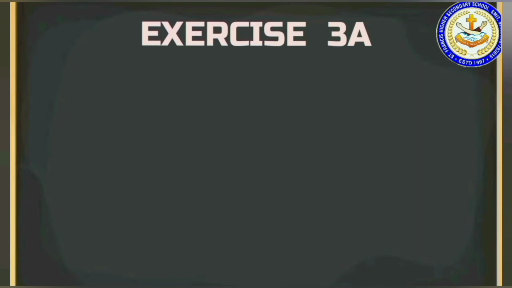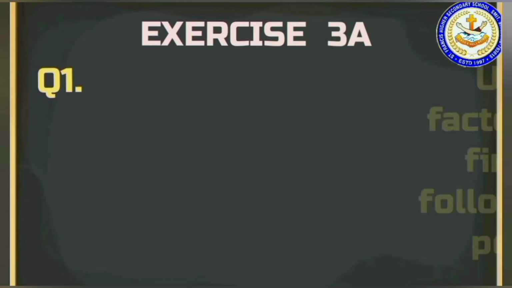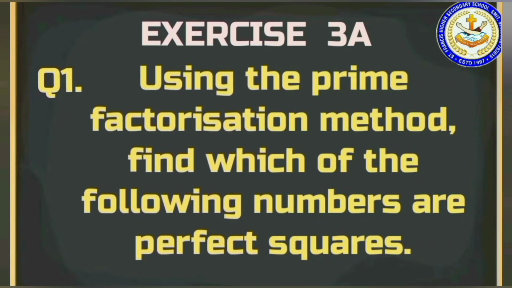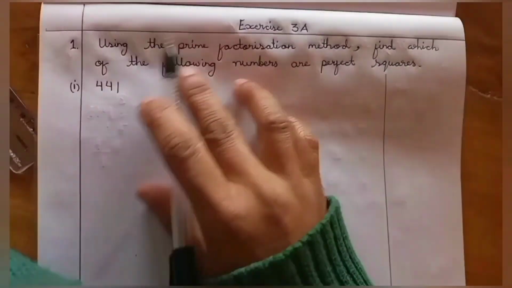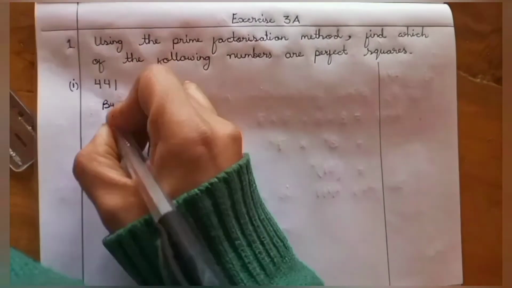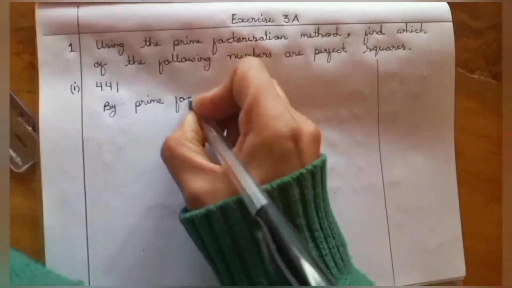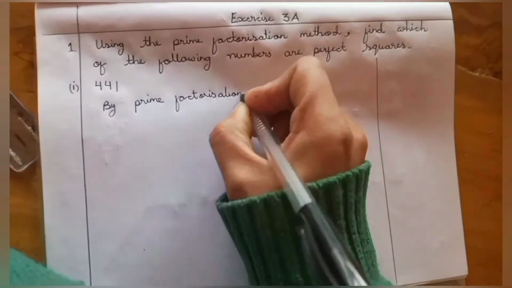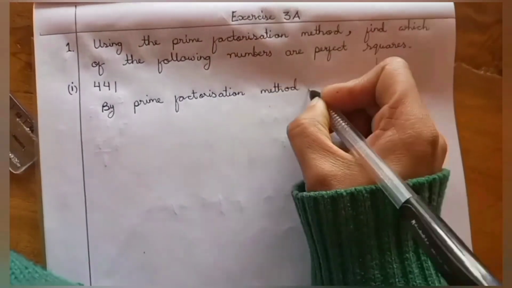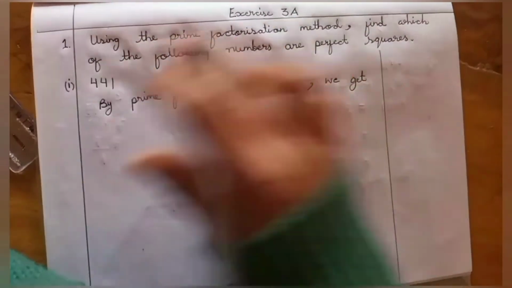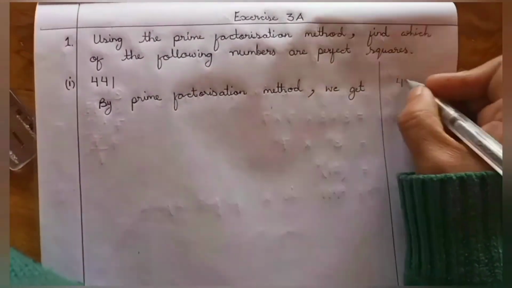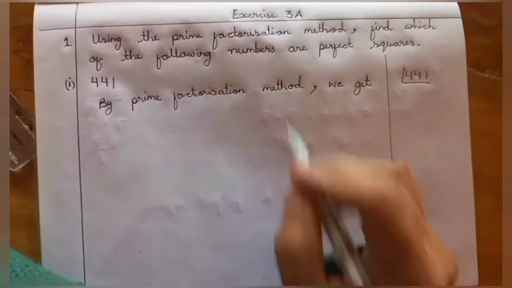Now, let us solve from exercise 3A, question number 1. Using the prime factorization method, find which of the following numbers are perfect squares. Let us start with question number 1. In the first line, we will write, by prime factorization method we get. Then on the rough side, we will solve by prime factorization method.